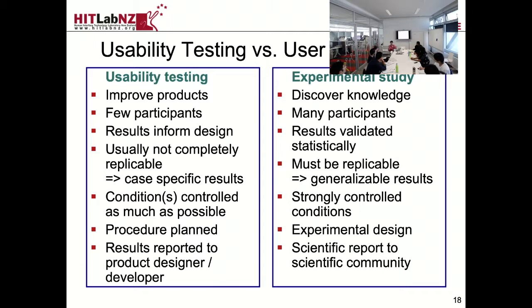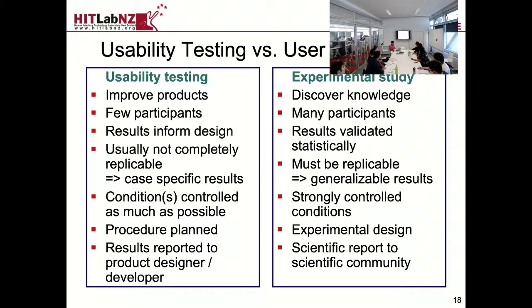But that only depends on the situation. On the other hand, when we're doing an experimental study, we generally require many participants. We will have another session maybe 4 or 5 weeks later, and then we will talk about how we can decide the actual number of participants.